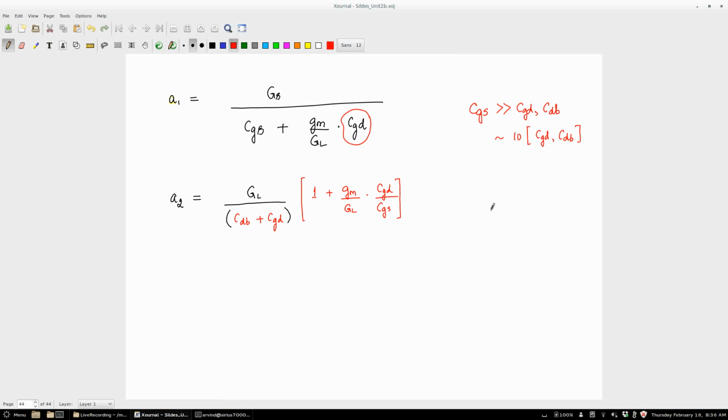Okay, and what does it mean? Much greater than means, right? So yeah, this is basically what we are saying is this is roughly about 10 times either your CGD or CDB. Okay, and we had also talked about GL, but I will do that. For now, don't worry about it. So GS and GL are roughly assumed to be of the same order. Okay, don't worry too much about that.